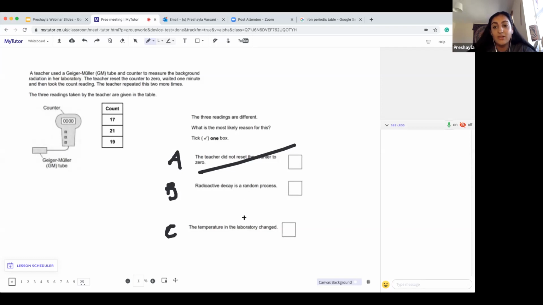So the temperature in the laboratory changing does not have any effect on radiation. Okay, so it's not temperature. Temperature is not related to radiation. The answer would be radioactive decay is a random process, and therefore we can't be getting the same reading every time, because it's so random we can't predict. It's not always going to be 17.